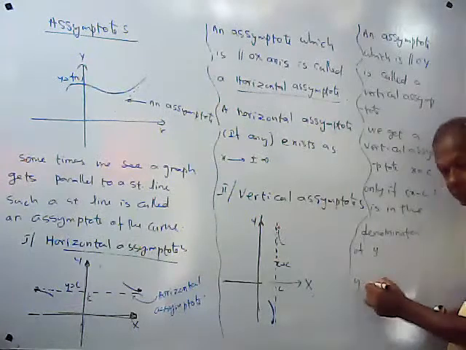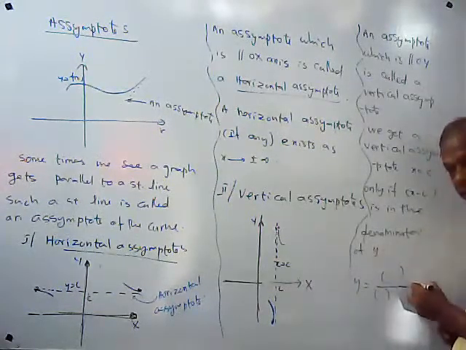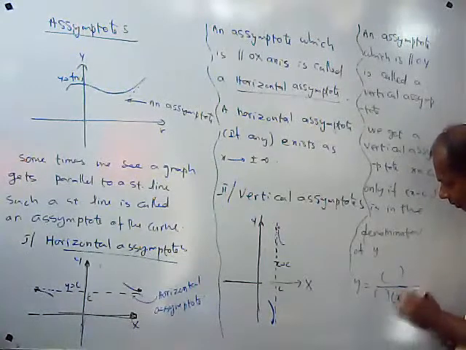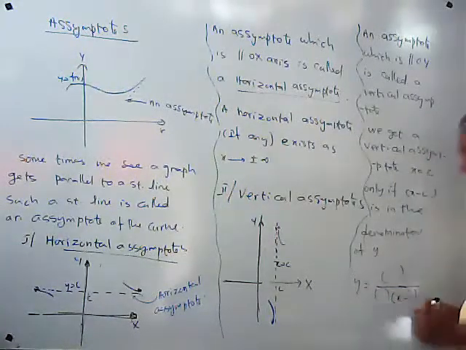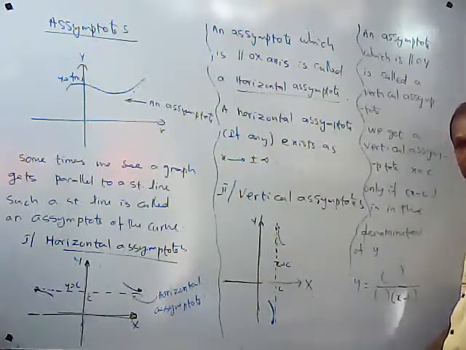So y has some terms in the numerator, some terms in the denominator, together with x minus c. If you see x minus c in the denominator, then you get x equals c, a vertical asymptote.